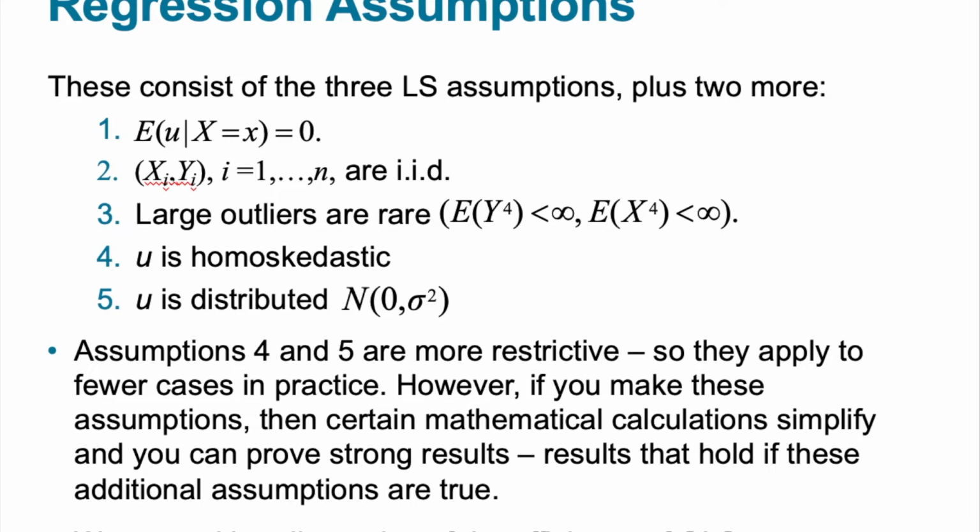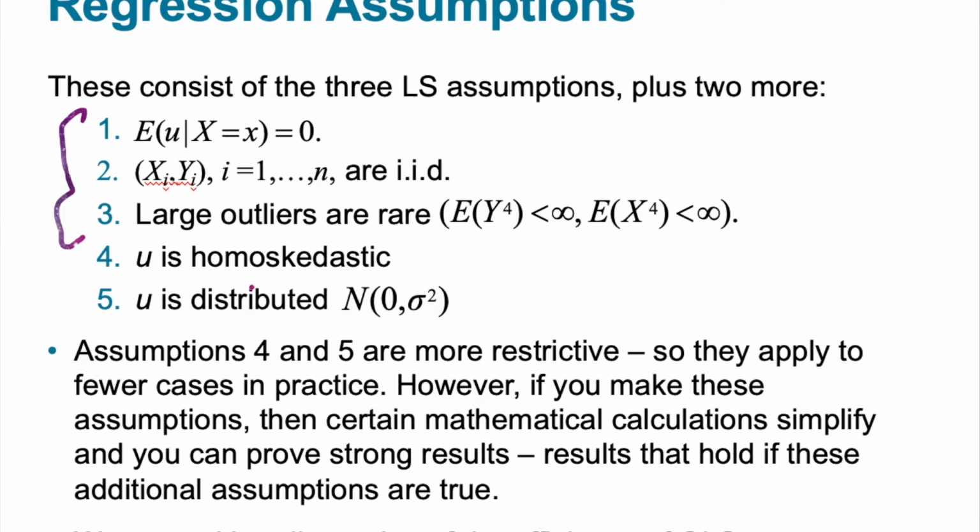Before we continue on in showing when OLS is the best and when there are other better estimators, we need to add to our set of assumptions. We started with the first three assumptions, 1, 2, and 3, that the expected value of u given x is equal to 0, that (xi, yi) for i equals 1 through n are IID, and that large outliers are rare.